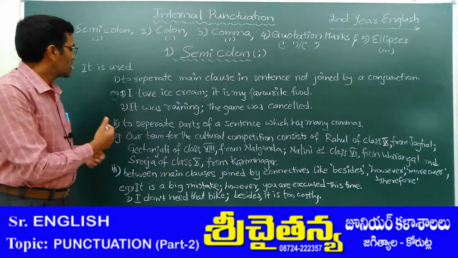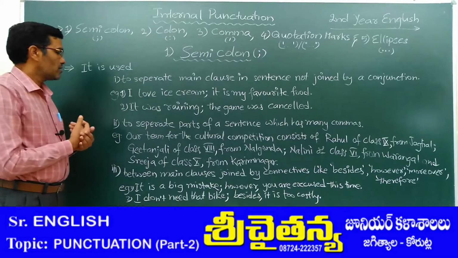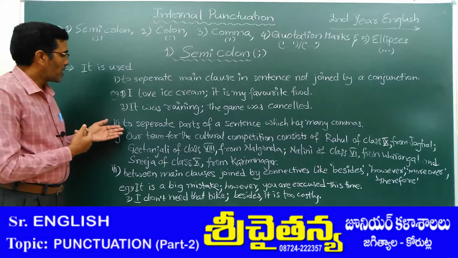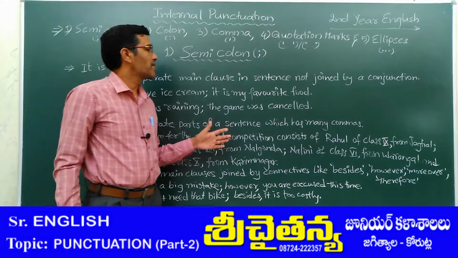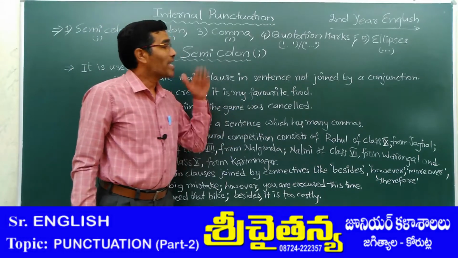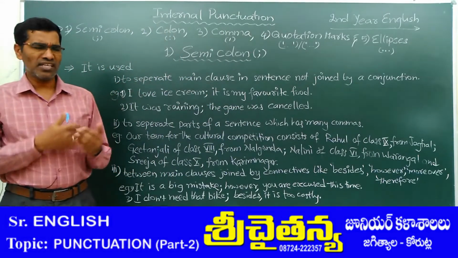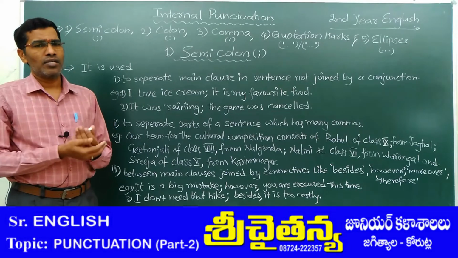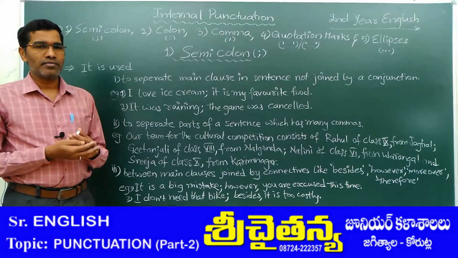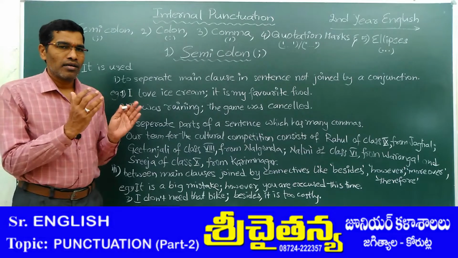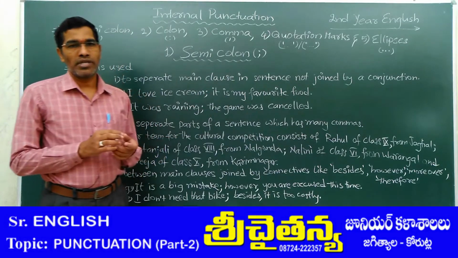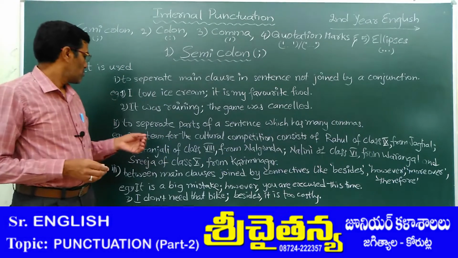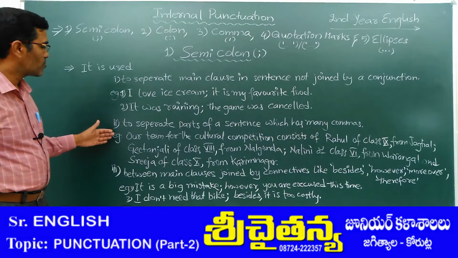The second point is to separate parts of a sentence which has many commas. In a sentence that has more than 1 comma, to separate each and every idea, again we use a semicolon. Observe this example, you could understand easily.